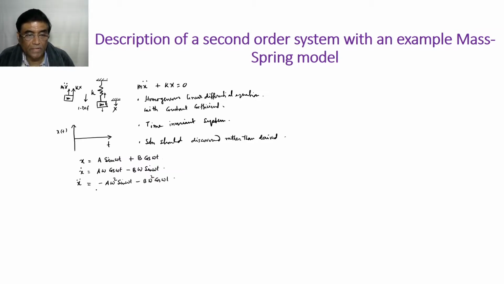You see, minus A sine omega t plus B cosine omega t. So you see this second derivative is actually returning the trial solution. We call it a trial solution, meaning we are just making a trial.